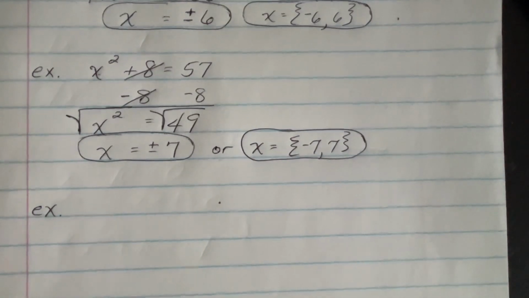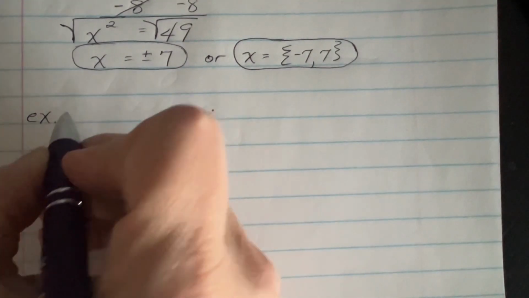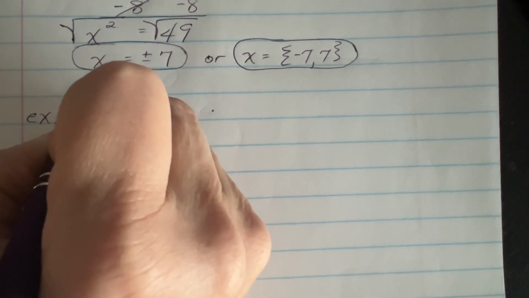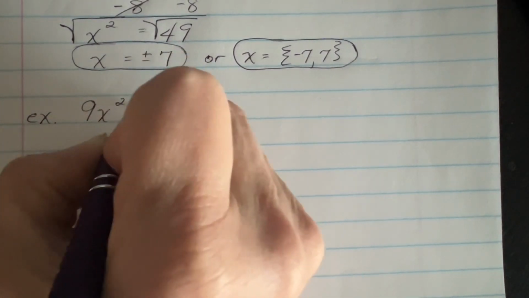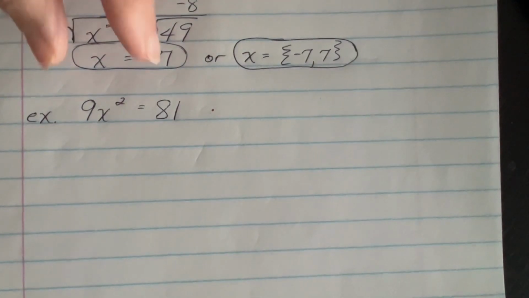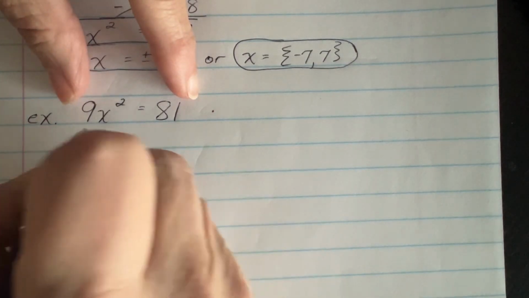All right, let's try another one. What if you have another problem? Say, for example, you get something crazy like 9x squared equals 81. Well, I see a relationship between 81 and 9 if we know our division and our times tables.